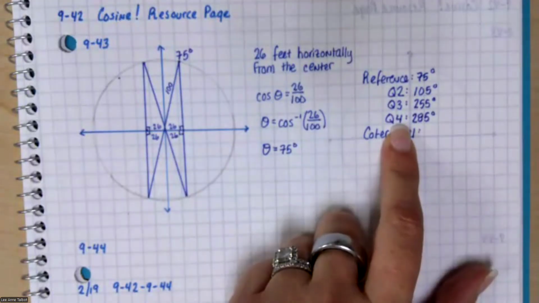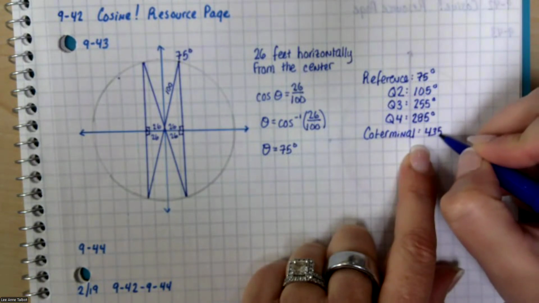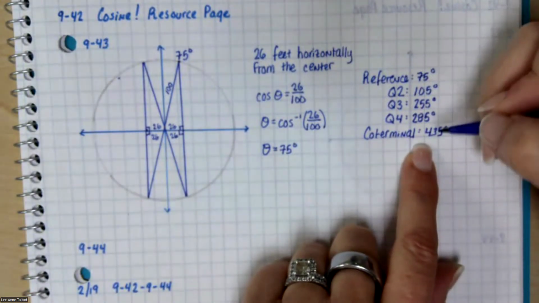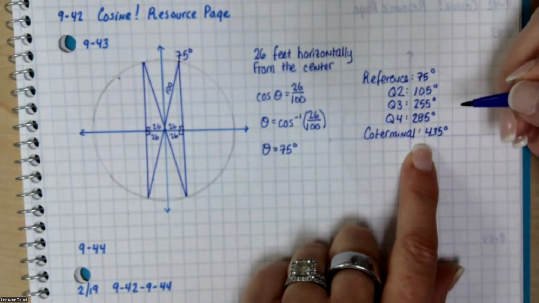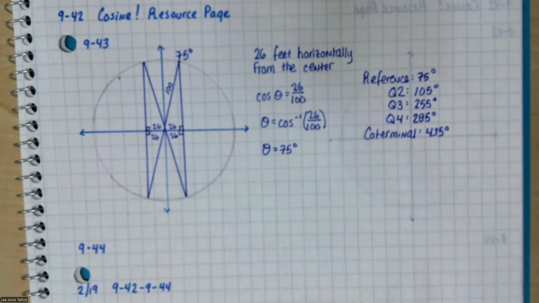I did the laziest coterminal possible, which was 435. Anyone have any questions about these? Are we good with that? Are you sure? Hello? We're good? Yeah.